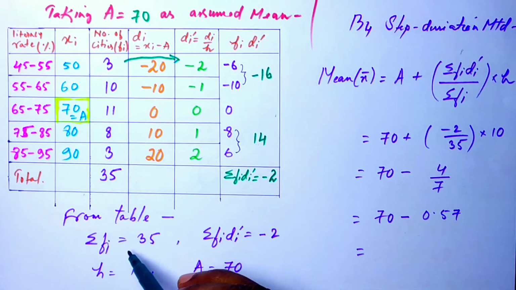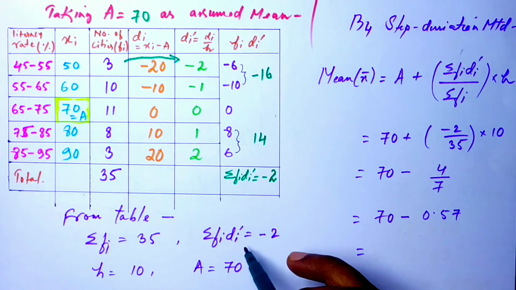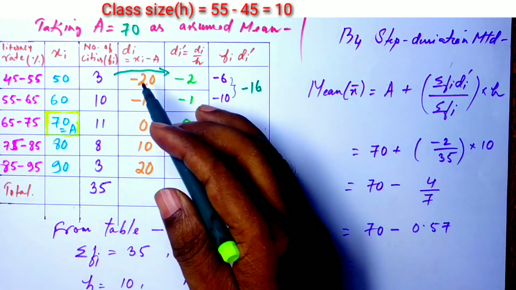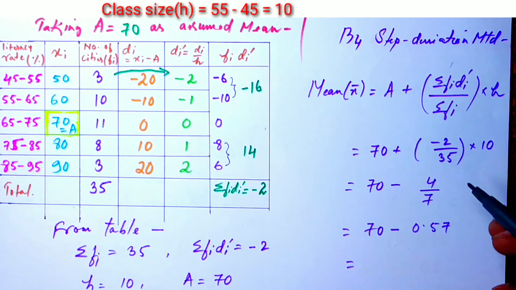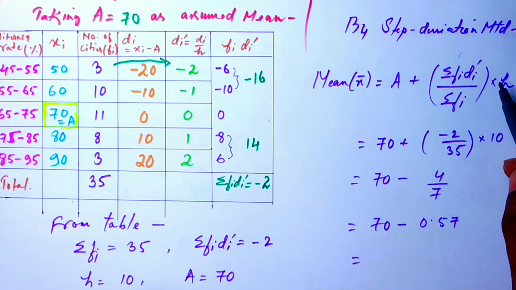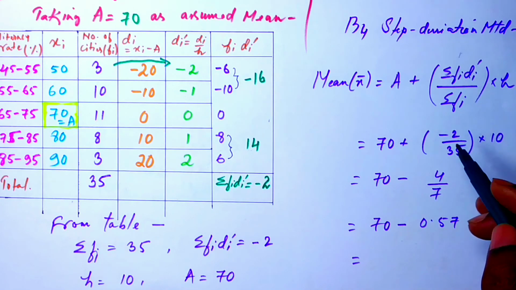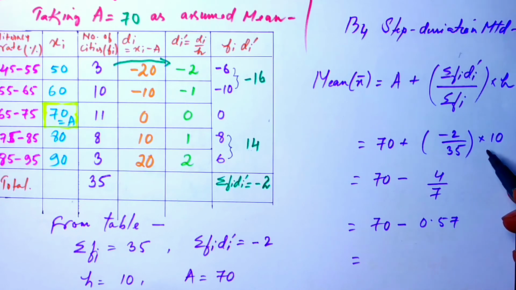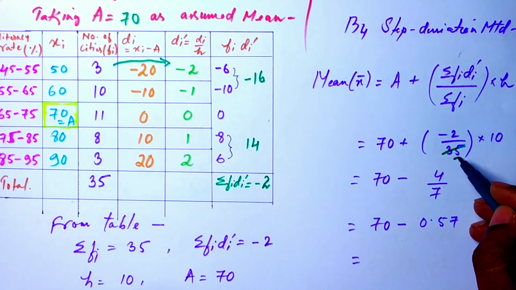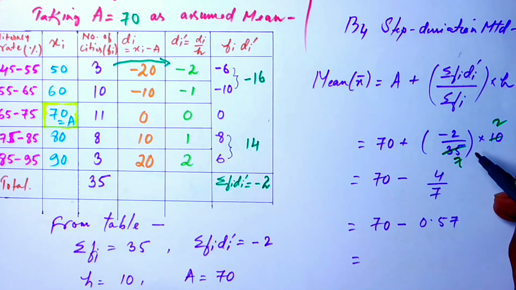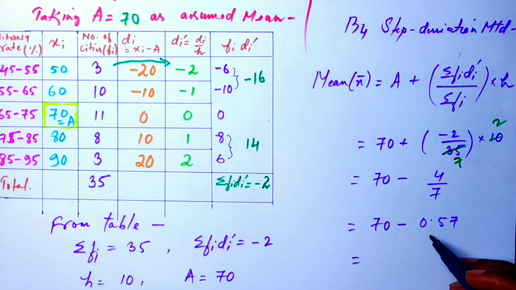So from the table we have summation fi as 35, summation fi di dash as -2, h is 10, and a is 70. By the step deviation method, the mean is a plus summation fi di dash divided by summation fi, into h. We put in the values: 70 plus -2 by 35, into 10. 5 sevens are 35, 5 twos are 10, so 2 twos are 4, giving minus 4 by 7, which after dividing we get 0.57.